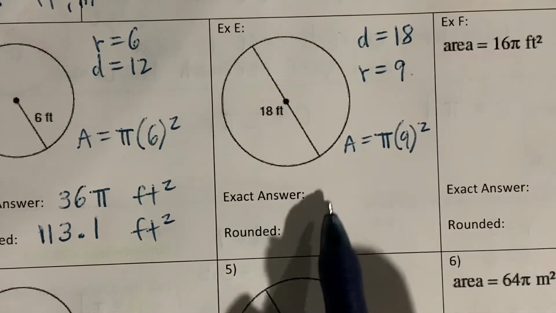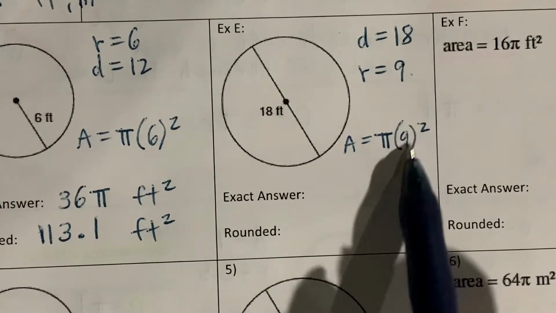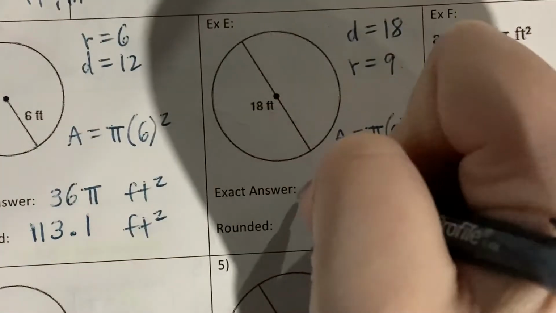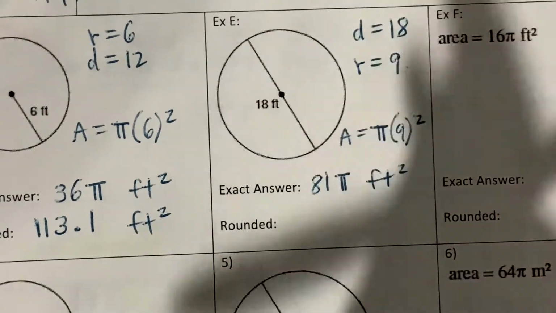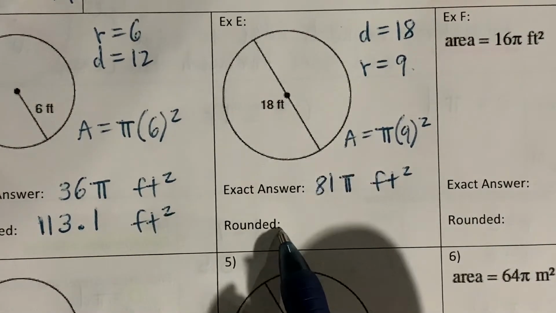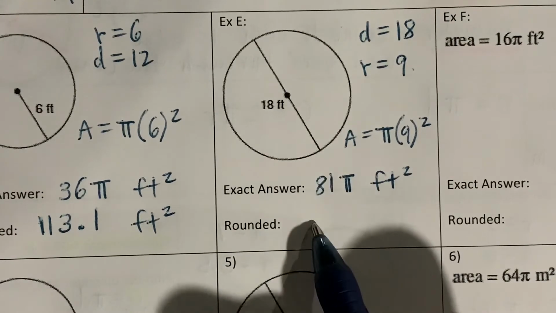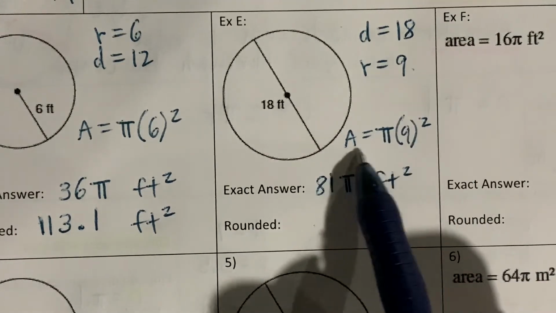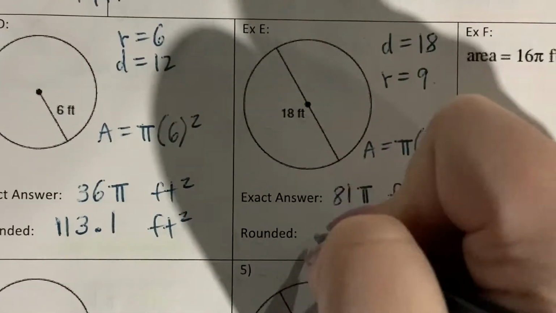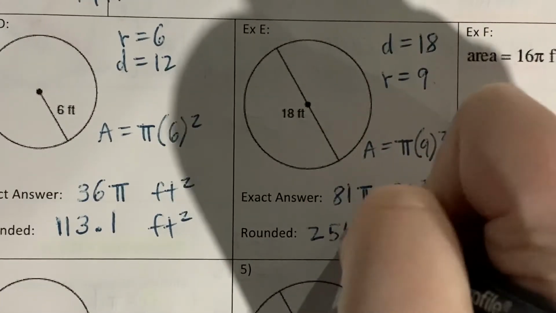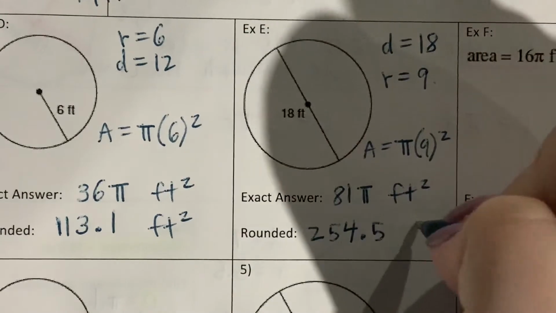Exact answer, let's keep pi in it, but we can simplify this 9 squared, or 9 times 9, to get 81 pi. We'll have square feet as our units. And rounded answer, I can either type 81 pi into my calculator, or using my original formula, I could do pi times 9 squared. When I do that, I'll get 254.5 square feet.